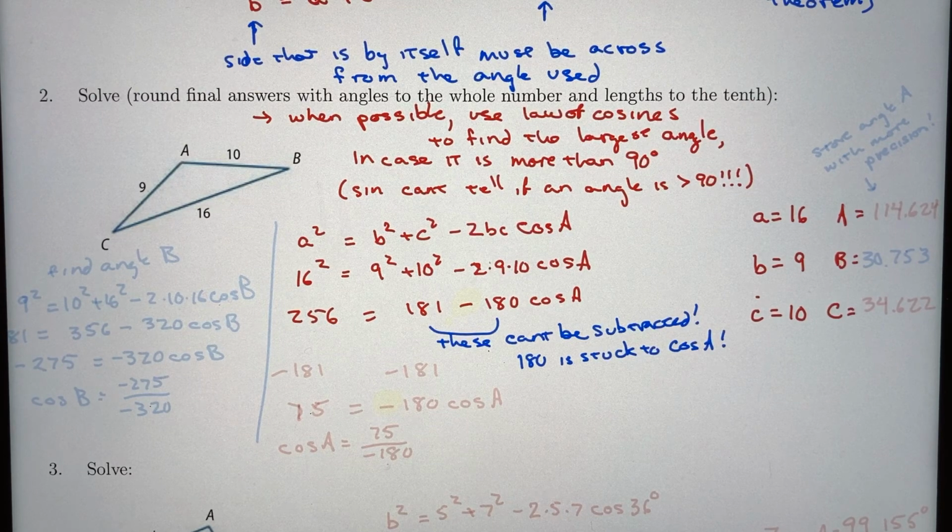We're going to have to subtract 181 from both sides instead. So you have, watch the negative, drag the negative along. So don't lose it, because that's important, because that'll tell you that angle A has to be obtuse.